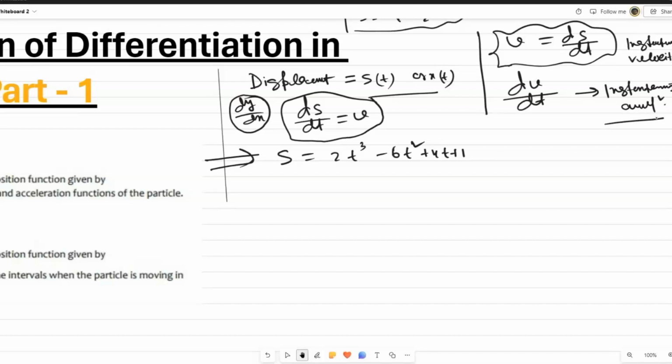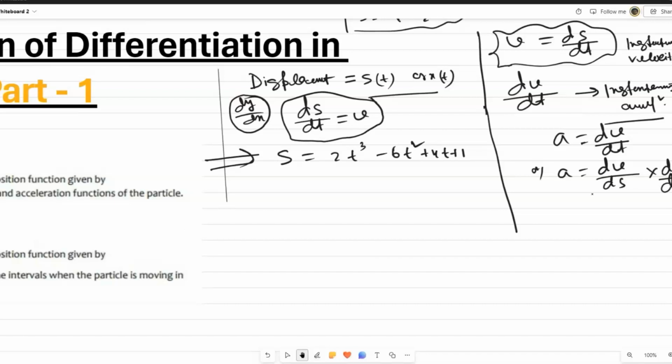Acceleration will be denoted by a. I have another form, that's why I'm writing this. Acceleration is dv by dt or dv by ds into ds by dt.